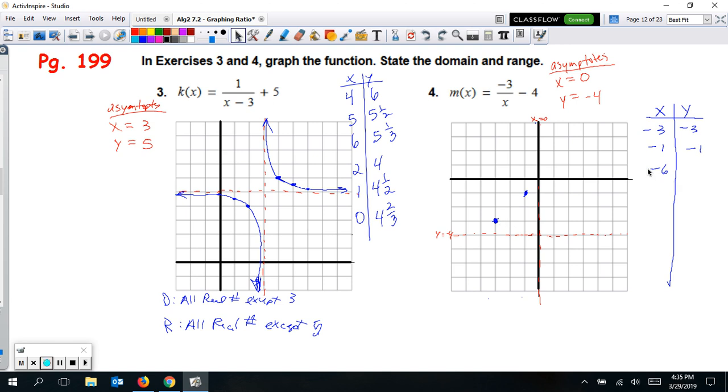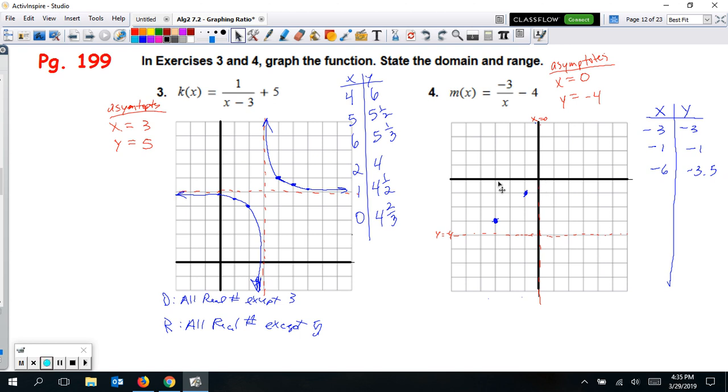So I'm choosing -6, and the reason why I'm choosing it, which is way over on the side here, is because when I put that here, 3 over 6 is a half. That's going to give me a +1/2 because they're negative over negative. So I'm going to get a +1/2 minus 4. So I take a half away from 4, that gives me a -3.5. So I put -3.5 for that one.